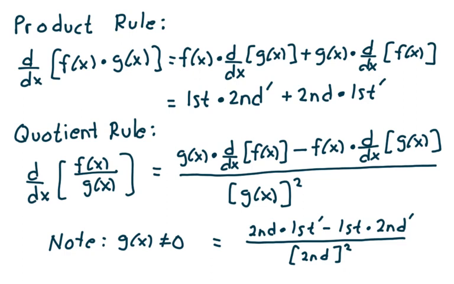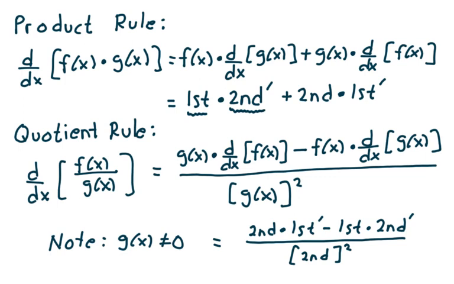One way that it might help to remember this is I very much informally write this as follows. I'm going to take the first function, which is f of x, and multiply by the derivative of the second function with respect to x.